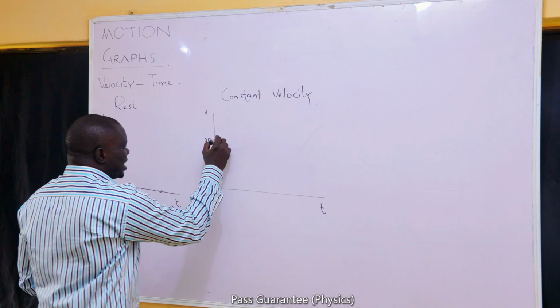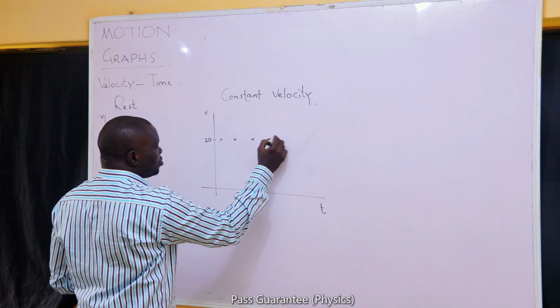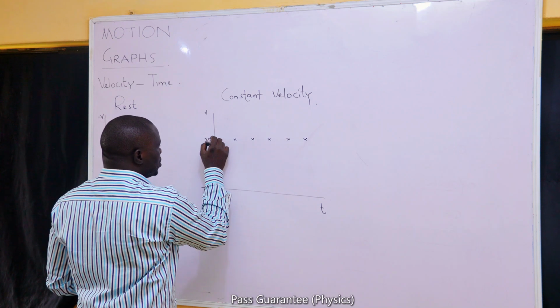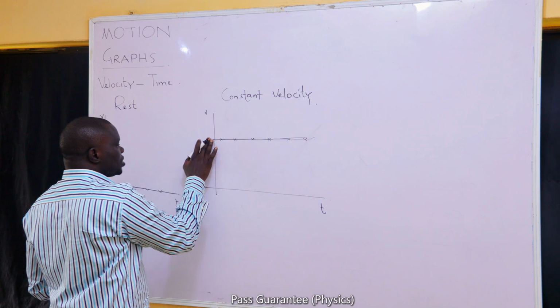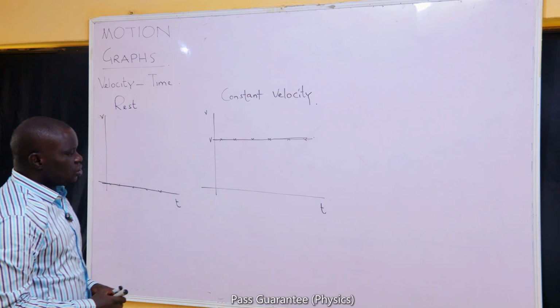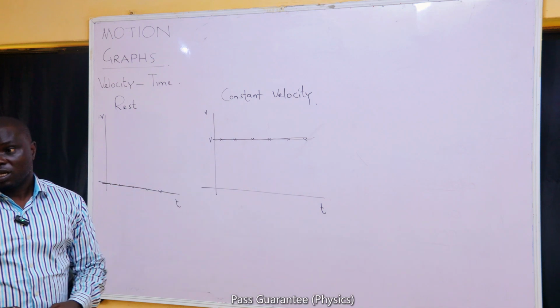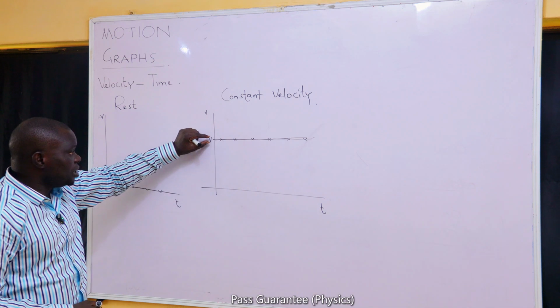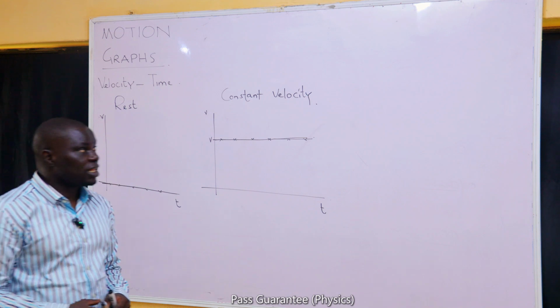It means that at any time, the velocity of the object will be found to be 20. So this is how we are going to draw it, considering the particular velocity that you are talking about. When the object is moving with constant velocity, it is drawn with a horizontal line that meets the y-axis at the point where the velocity is indicated.